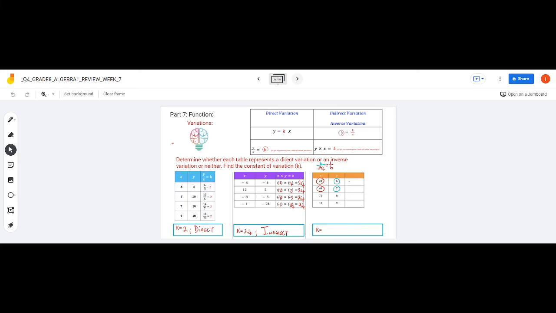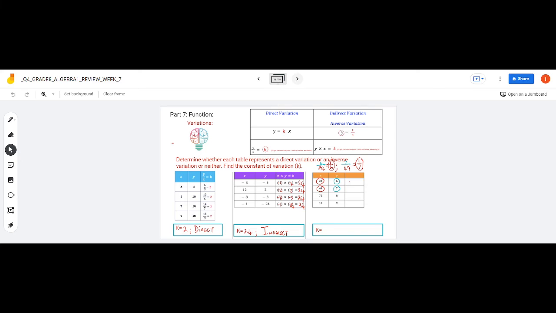So if I say 7 divided by 49, well, that is 1/7. So can you see 1/6 and 1/7 are not the same? So it's not direct variation.